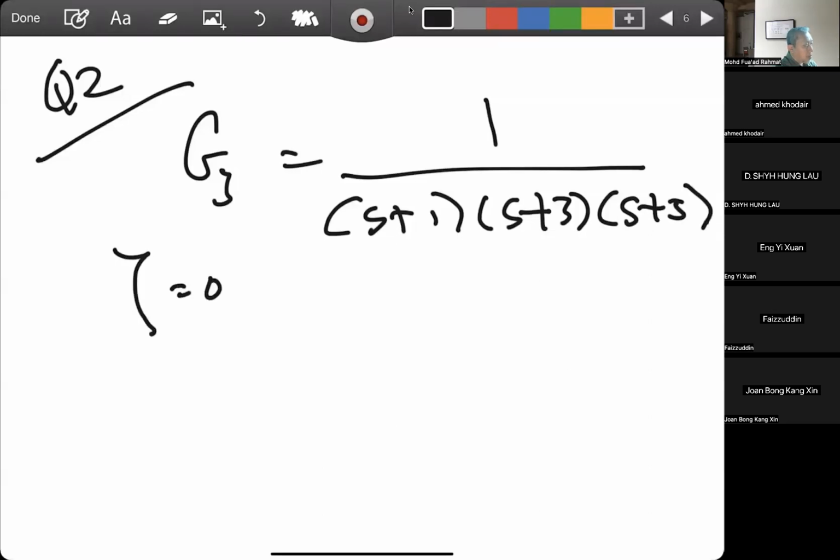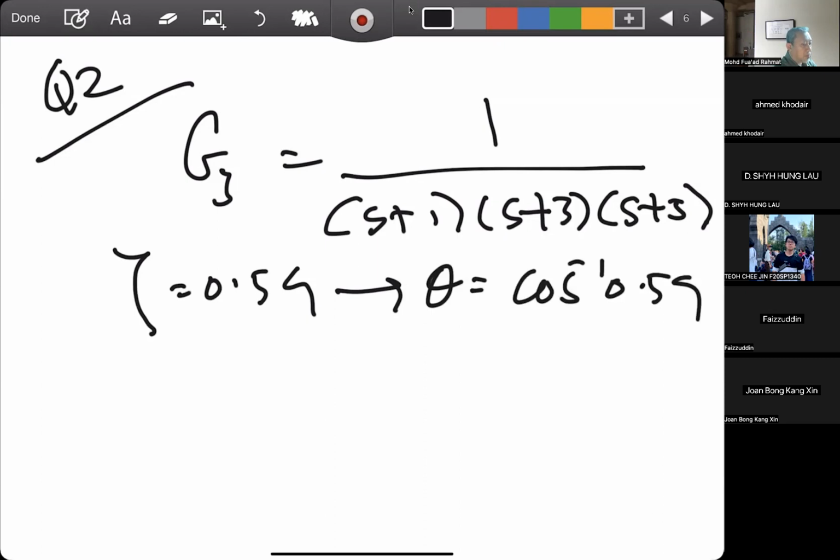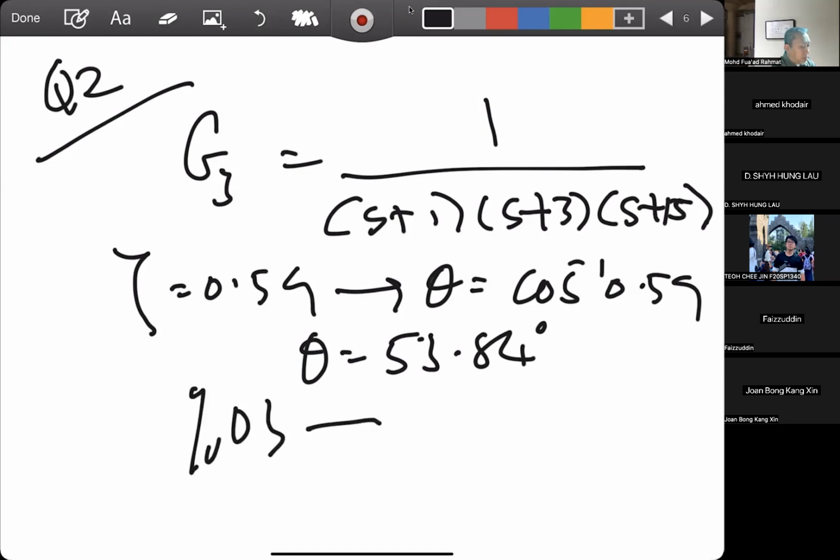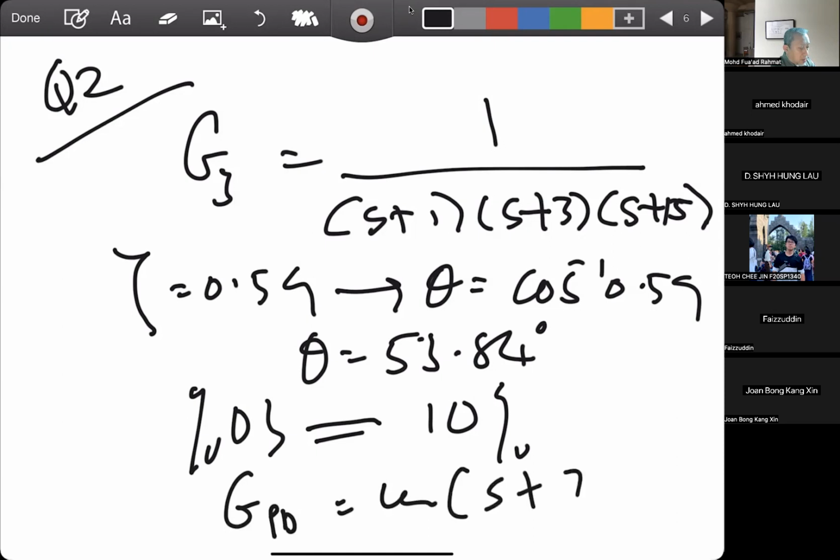So zeta 0.59 will give you theta of 53.84 degrees. Overshoot is 10%. So you have to design the PD controller, which is K(S plus Z).